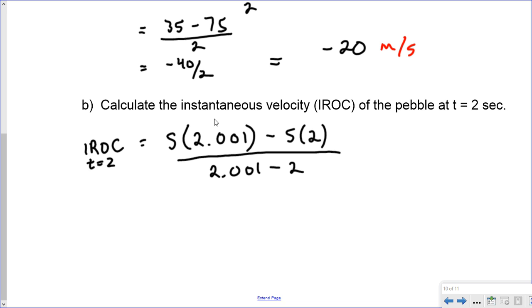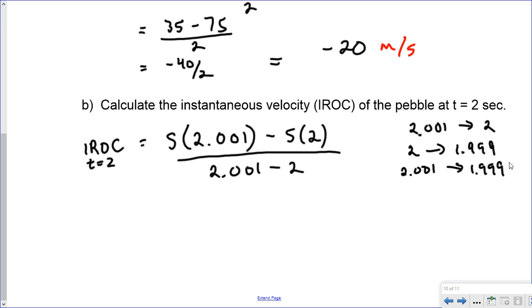So our choices, I'm just going to put them over here: 2 to 2.001, 2 to 1.999, and then we could go from 2.001 to 1.999. Every one of these ways is an accurate way to calculate an instantaneous rate of change. Okay, so this is slightly above, this is slightly below, and this is right in the middle.